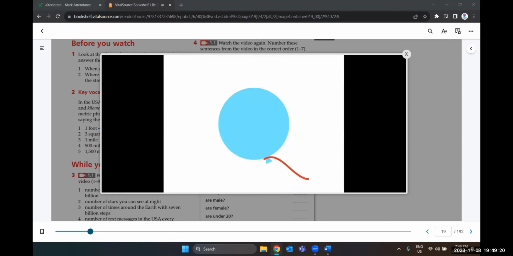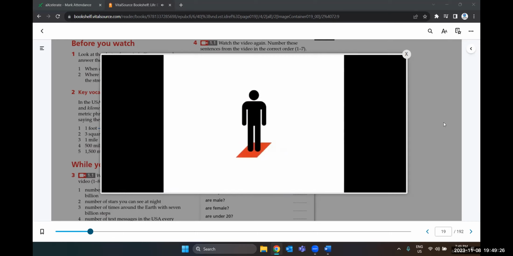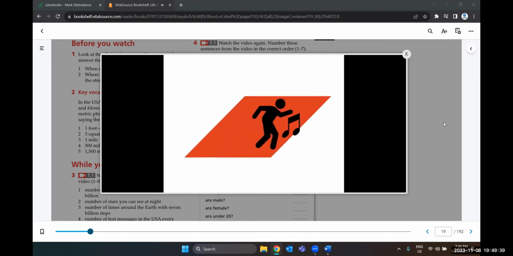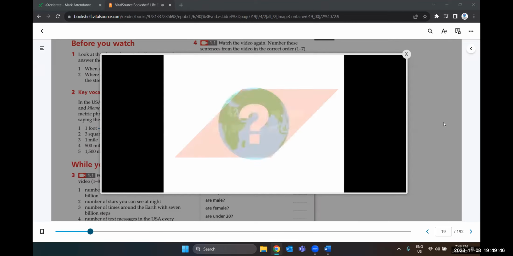Let's go and take a look. Actually, a place for 7 billion people isn't very big compared to the Earth. One person needs about 3 square feet. But it's a party, so everyone needs about 6 square feet. So for everyone in the world, that's about 42 billion square feet or 1,500 square miles.